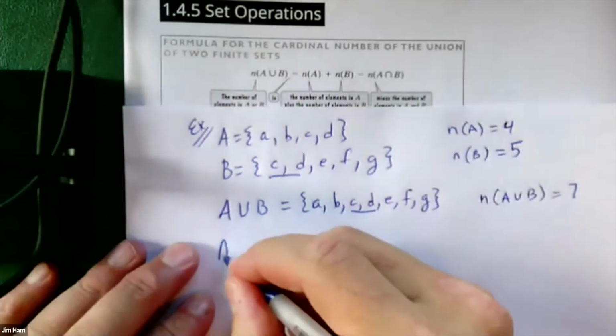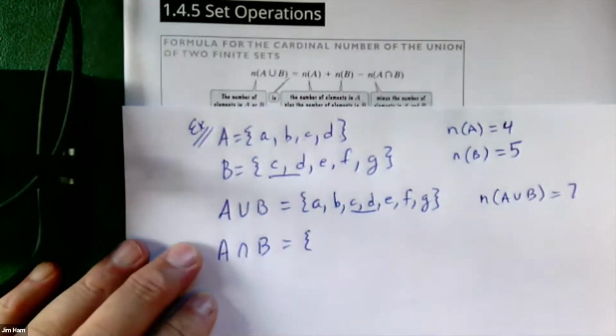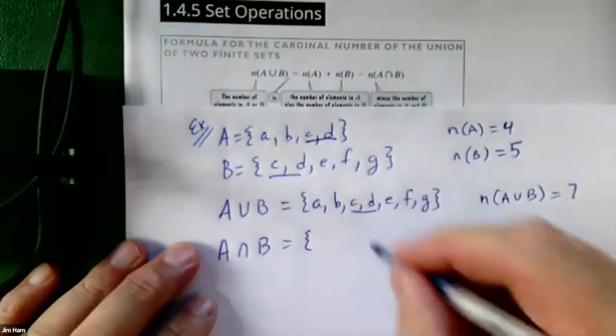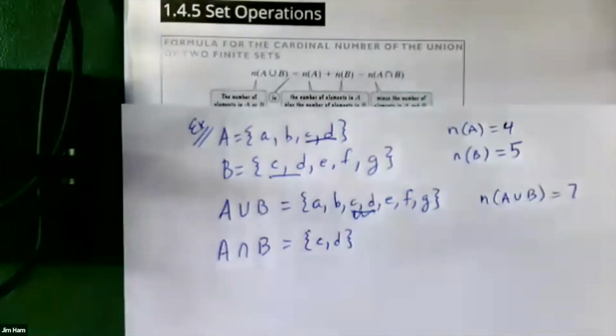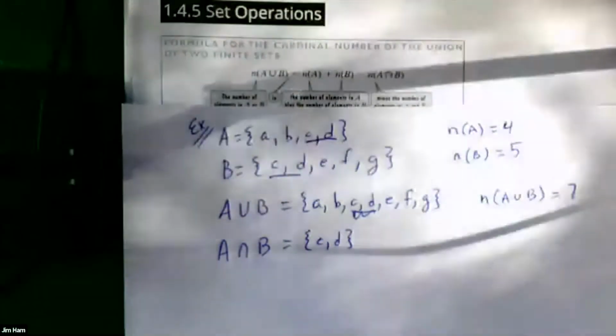So here is A intersect B. That's the number of elements that are common to both, and those would be C and D. C and D are in both A and B, so they're in the intersection.